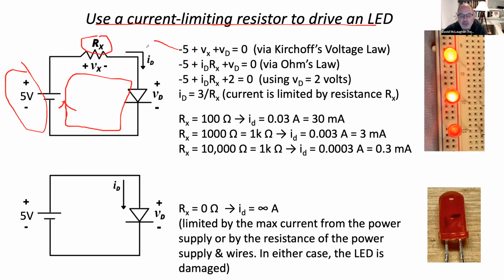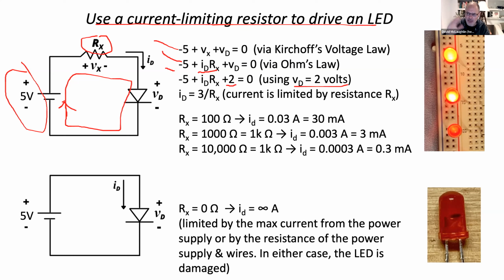Continuing with this analysis, from that first line to this next line, I'm just using Ohm's law. The voltage drop across the resistor is just the resistance times the current through it. In this next line, I'm making use of the fact that the voltage drop across the diode is 2 volts. That comes from the manufacturer's data sheet. It's called the forward voltage drop across the LED.